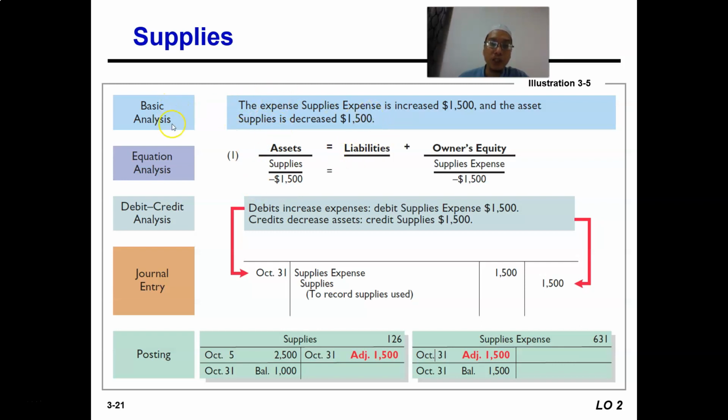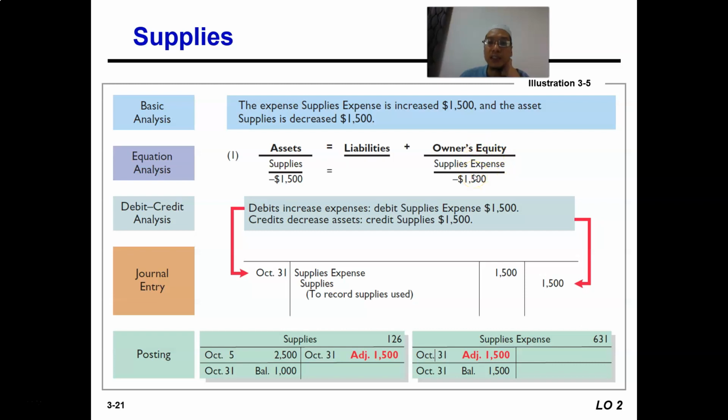So the effect of this analysis on the accounting equation is that supplies will decrease by 1,500, but the supplies expense will increase by 1,500. Because expense is the opposite of owner's equity, an expense will reduce owner's equity.